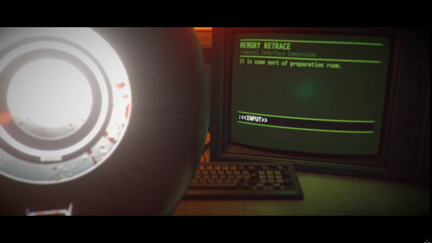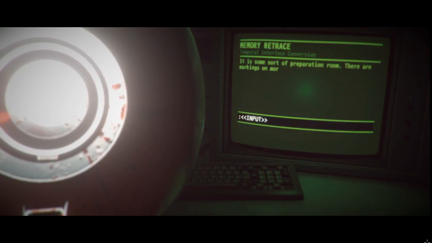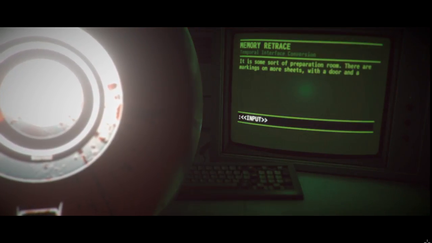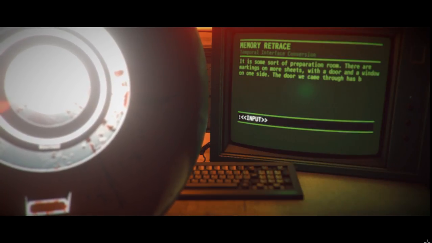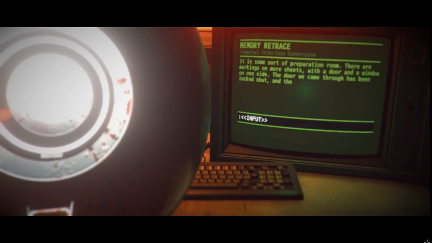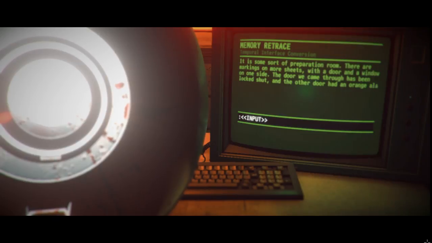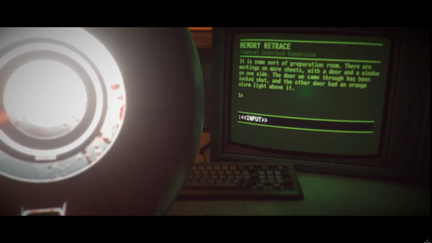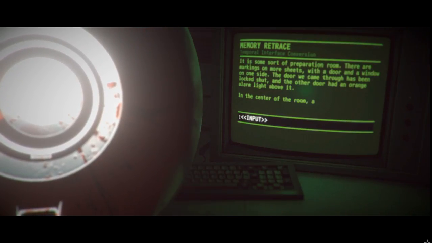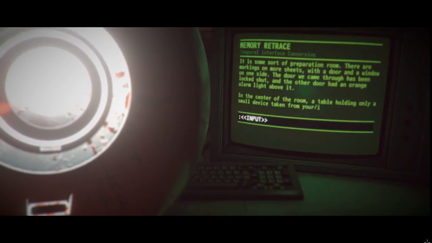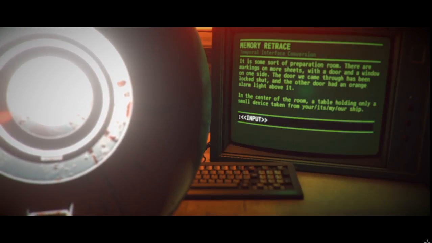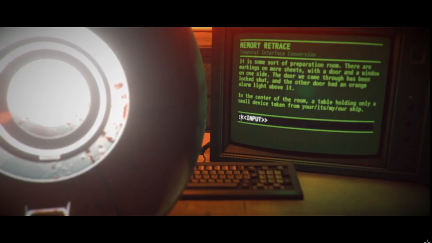It is some sort of preparation room. There are markings on more sheets, with a door and a window on one side. The door we came through has been locked shut, and the other door has an orange alarm light above it. In the center of the room, a table holds a small device taken from our ship.